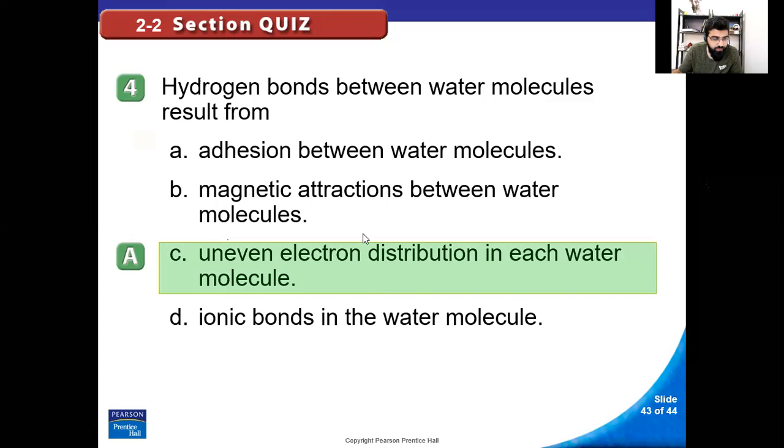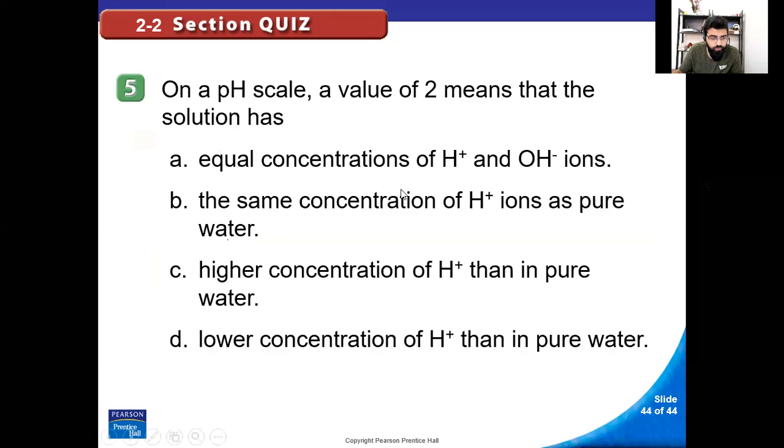The next one and the last. On the pH scale, a value of 2 means that the solution has, yalla, quickly. Oh, different answers I see.